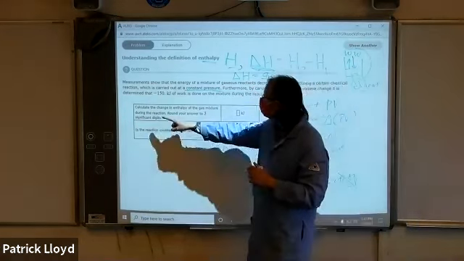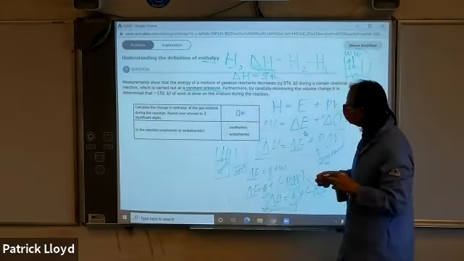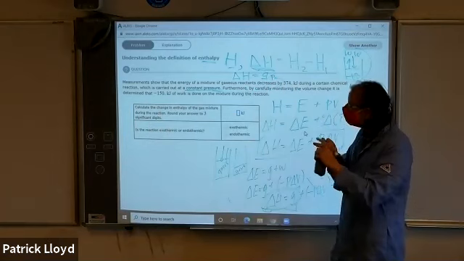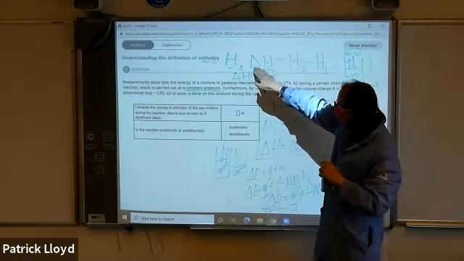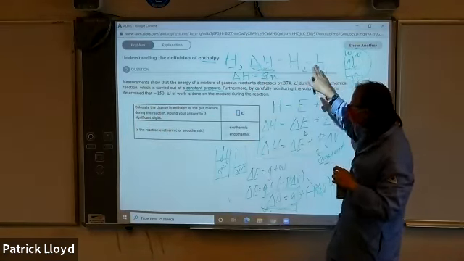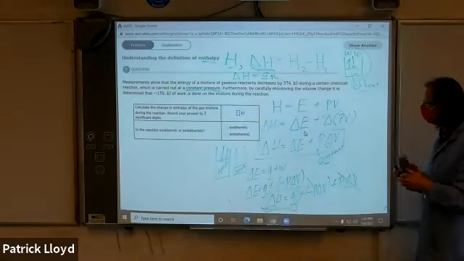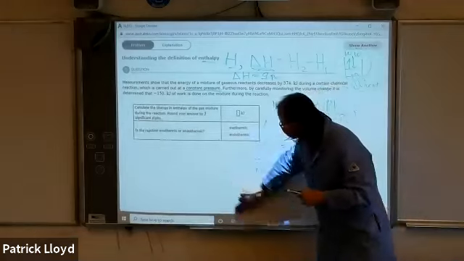So the question is, calculate the change in enthalpy of the gas mixture during the reaction. So delta H, change in enthalpy, that's H2 minus H1. Round your answer to 3 significant figures. Okay. So let me make a little room here, and let's go through it.